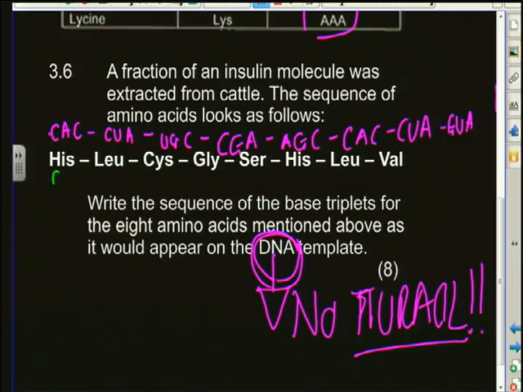C goes with G, A goes with T, C goes with G. C, G, U goes with A goes with T. Remember, no uracil, all right? It's on the DNA. The DNA rules are simple. A goes with T, C goes with G.